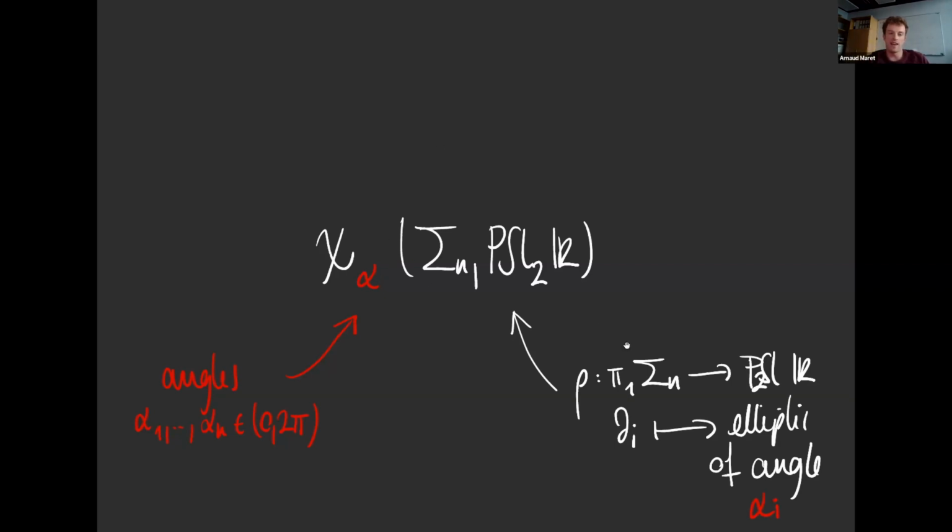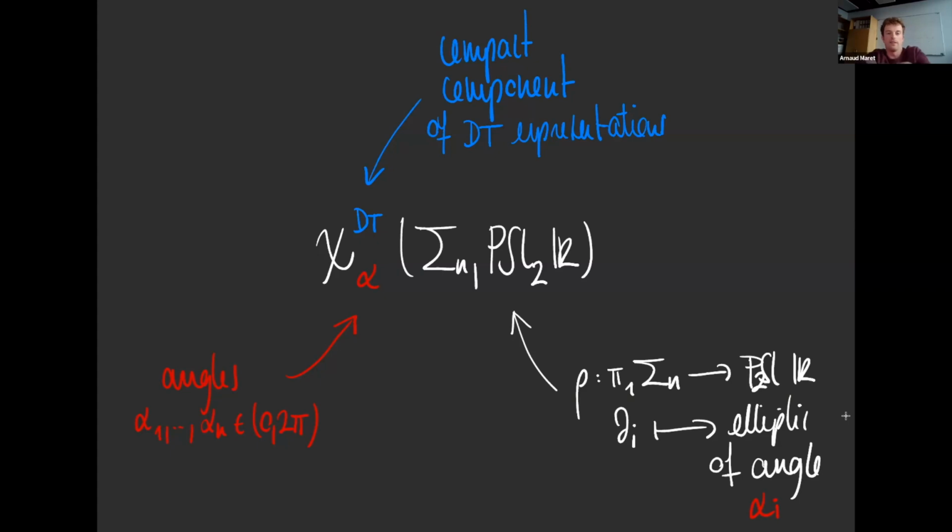In that space chi alpha, I'm only looking at representations that map the boundary curve around the i-th puncture to an elliptic element with angle of rotation alpha_i. This is what people call a relative character variety, relative to alpha. This space is not compact, but it has a compact component, which I denote by chi dt alpha. This was the compact component discovered by Deroy and Tolosa, as I said, in 2020.